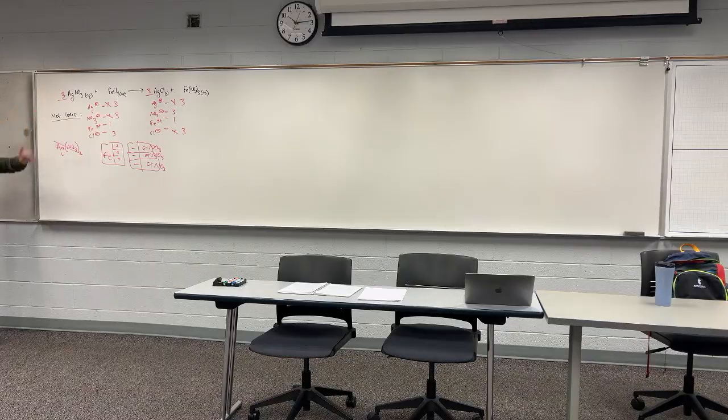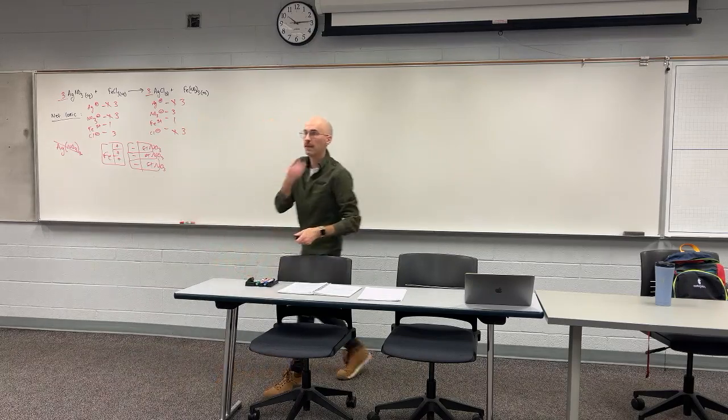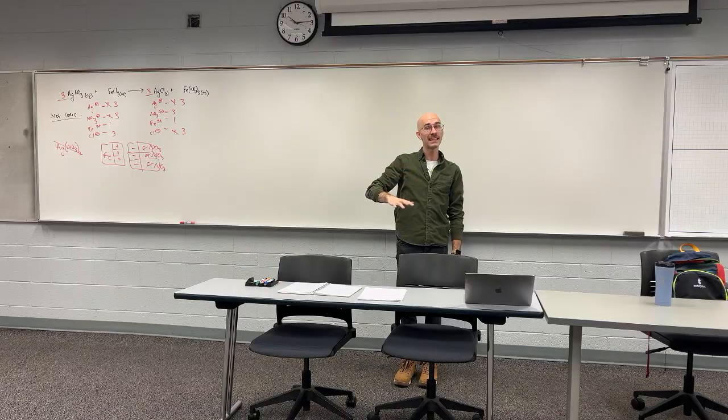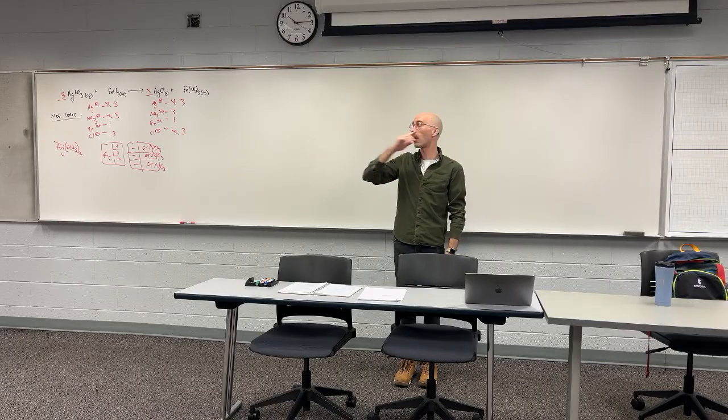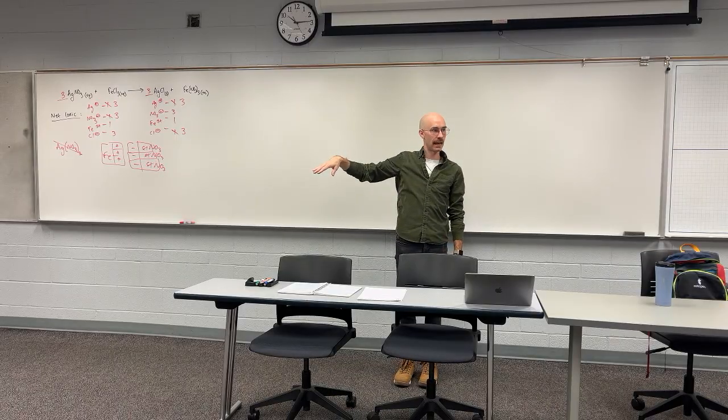All right, I've balanced my complete molecular equation. But our goal was actually to get to the net ionic. Now, we talked in class about going from molecular to complete ionic before getting to the net.